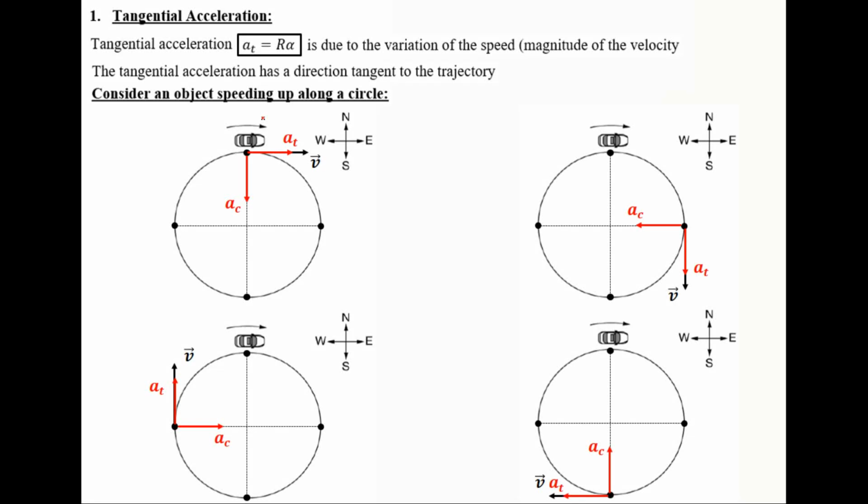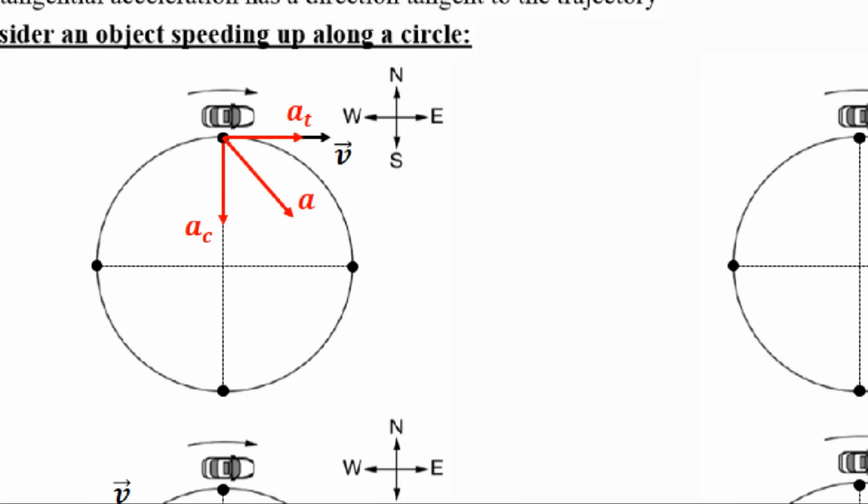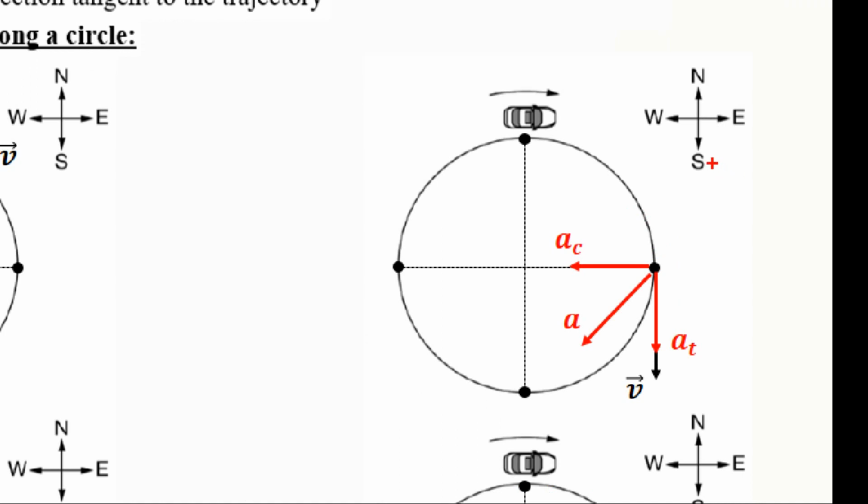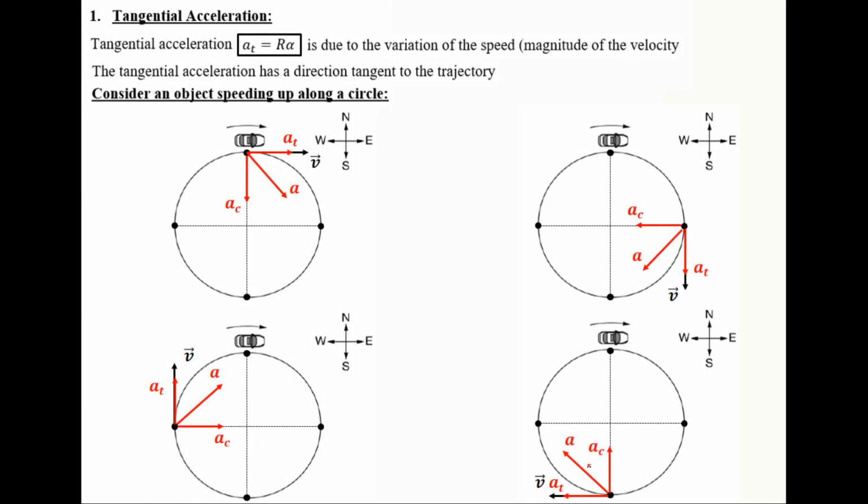And the total acceleration would be determined graphically using the tail to head method or completing the parallelogram formed by a_C and a_T. So in this case, the total acceleration would be pointing southeast, southwest, northwest, and northeast.